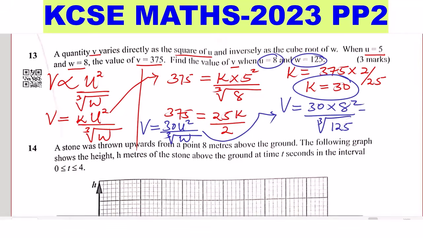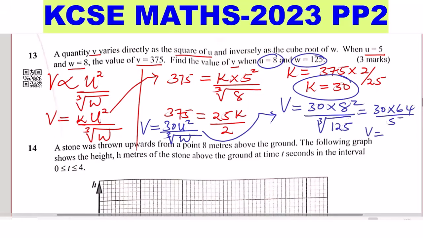So you work out these. This will give 30 times 64 divided by the cube root of 125, which is 5. And this will give v as 30 times 64 divided by 5. That gives 384.